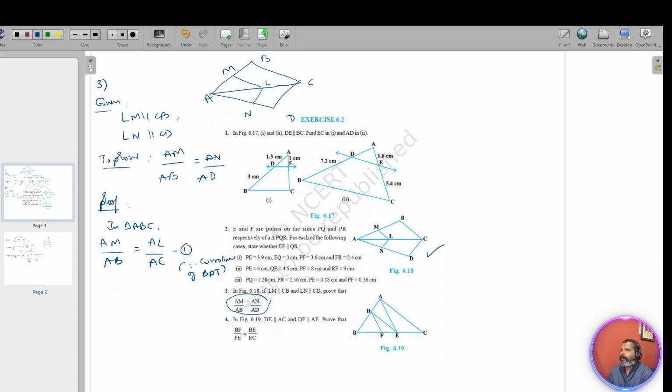Okay. Similarly, in the other triangle ACD, we have, check out, AN by AD equal to AL by AC, sorry, because you have to consider the full figure side.